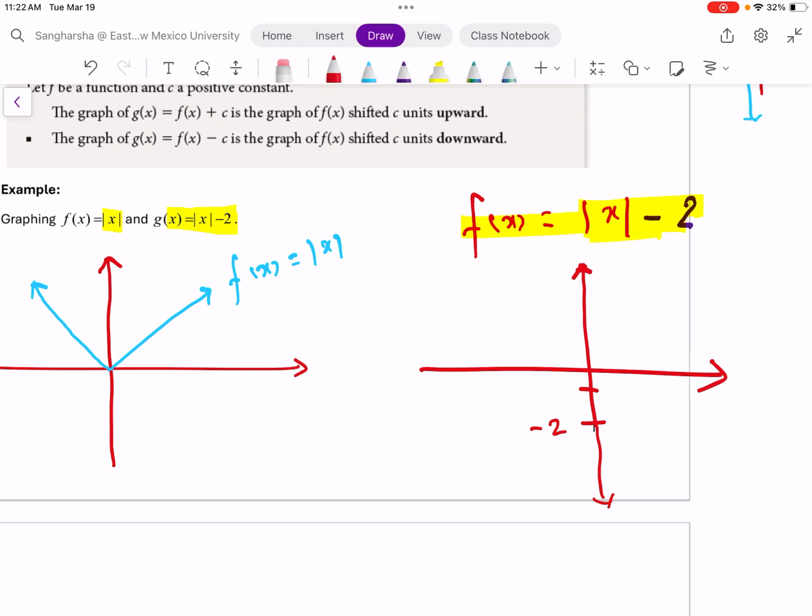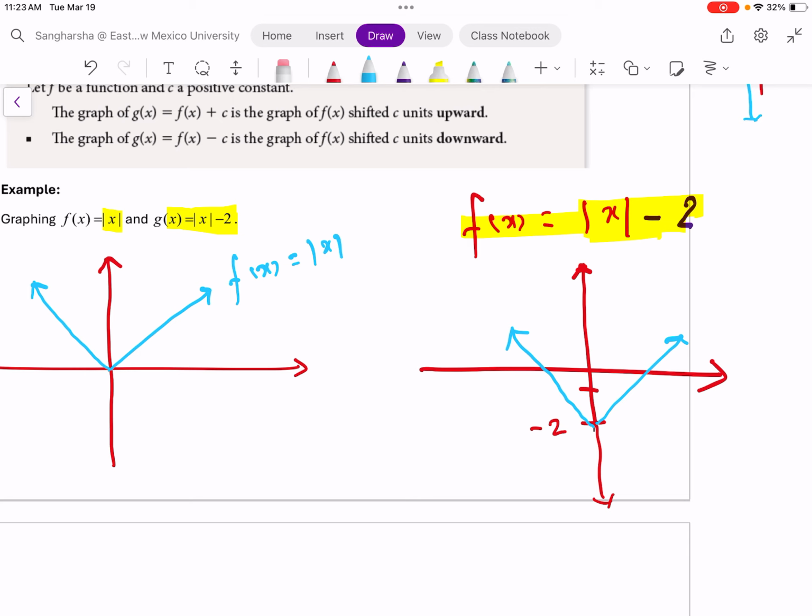The graph for our g of x is the same graph. This is the graph for the basic function, and when we subtract a number, we subtracted 2 here, the graph has shifted down by 2 units.